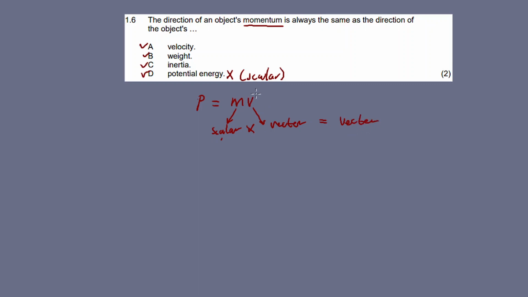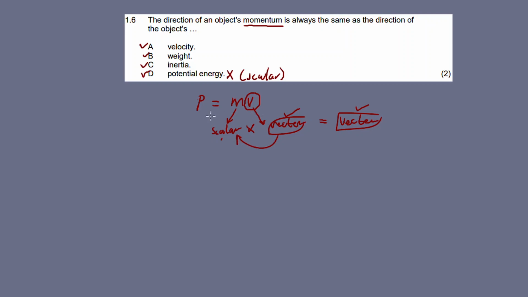And the vector is being determined by the vector. Okay, the answer is vector. The direction of this vector uzoyithola ngale direction of this vector or multiply ngayo scalar quantity, right?